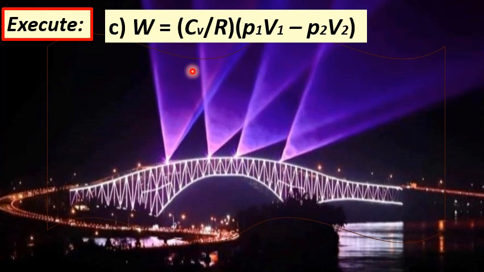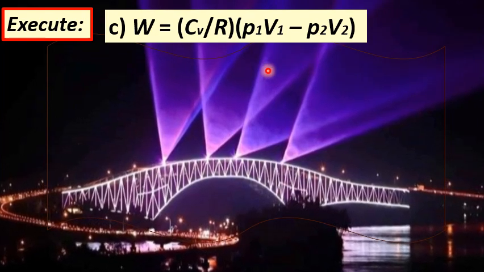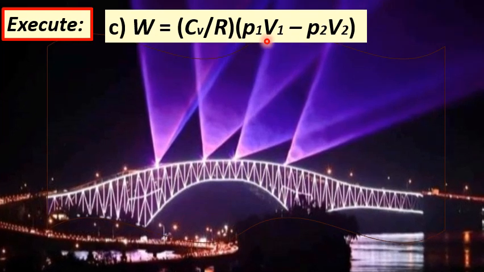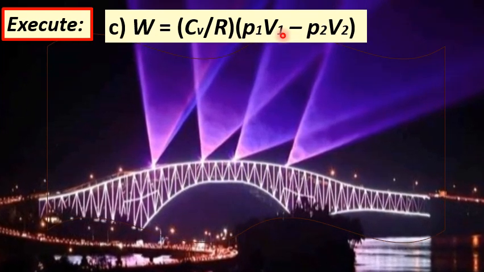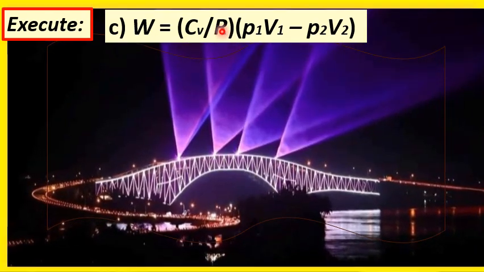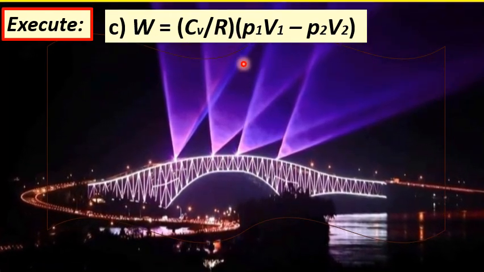For the work done by the gas as it expands, we have W equals the constant C sub V divided by the universal gas constant R, right?